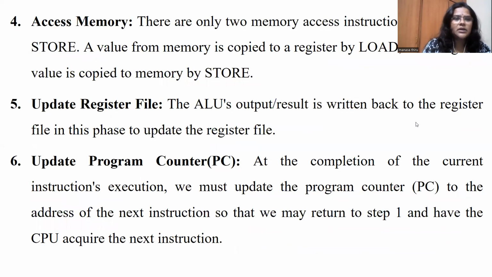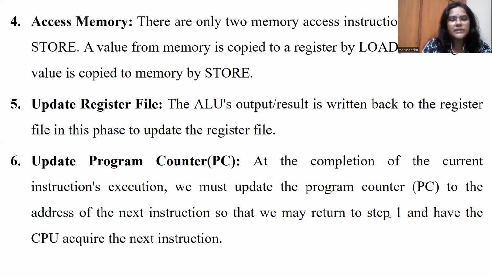And next is accessing memory. There are only two memory access instructions: load and store. A value from the memory is copied to a register by load, and a register value is copied to memory by store. And fifth step is update the register file. The arithmetical logical unit output or result is written back to the register file in the phase of update the register file.